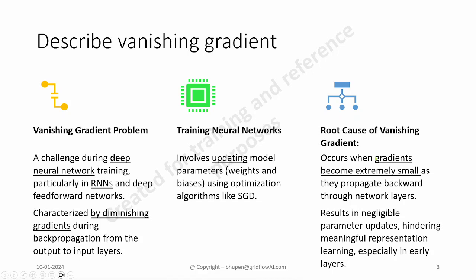In that case, the gradient computed can also be negligibly small, and we say that the model is actually not learning. So that is a reason for the vanishing gradient problem.